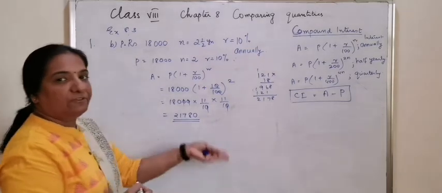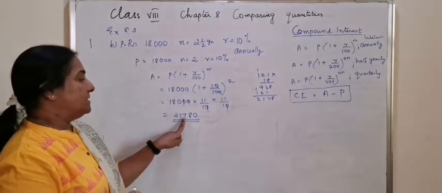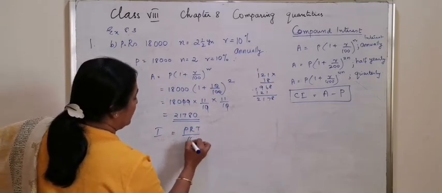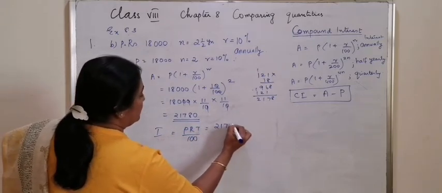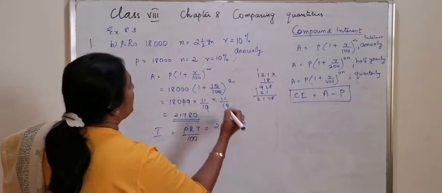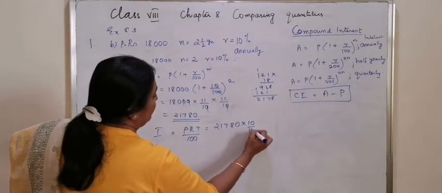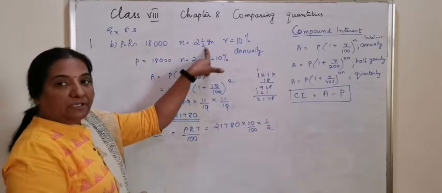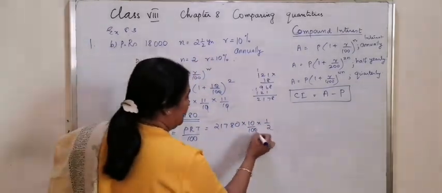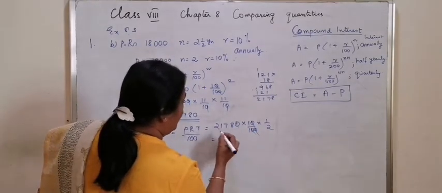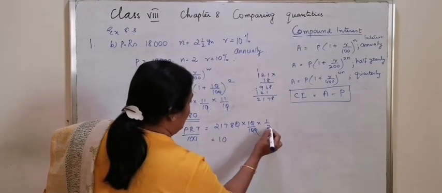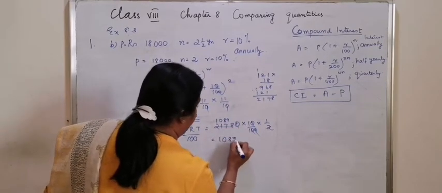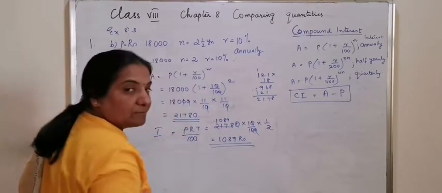And now for the half year, you will calculate the interest with this amount. I is equal to, by the simple interest formula, PRT by 100, that is 21,780 into the rate, all same, into half year. You will calculate the remaining half year by the simple interest formula, or you will be getting it divided by 2, 1,089 rupees.